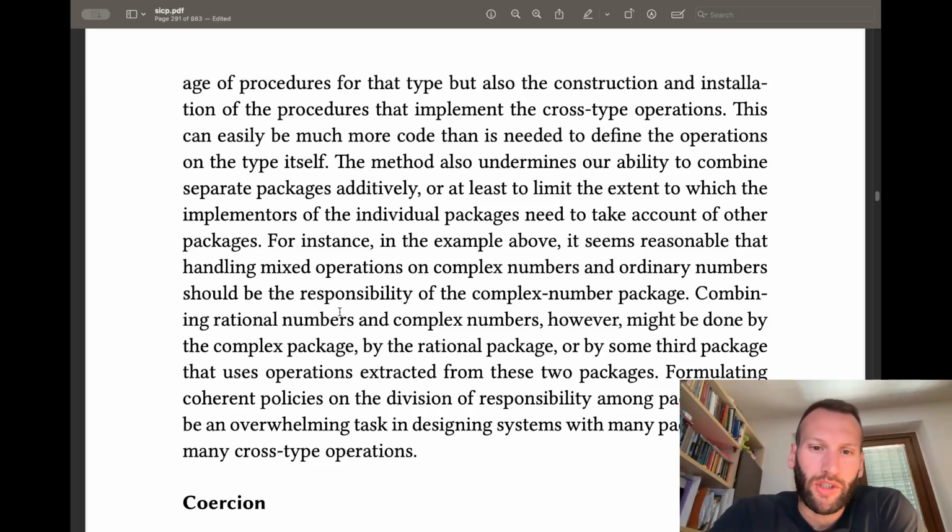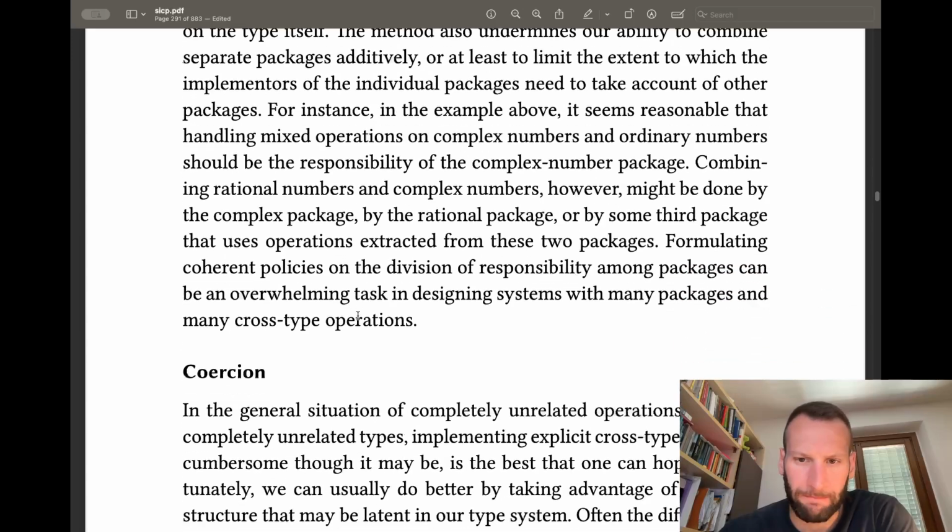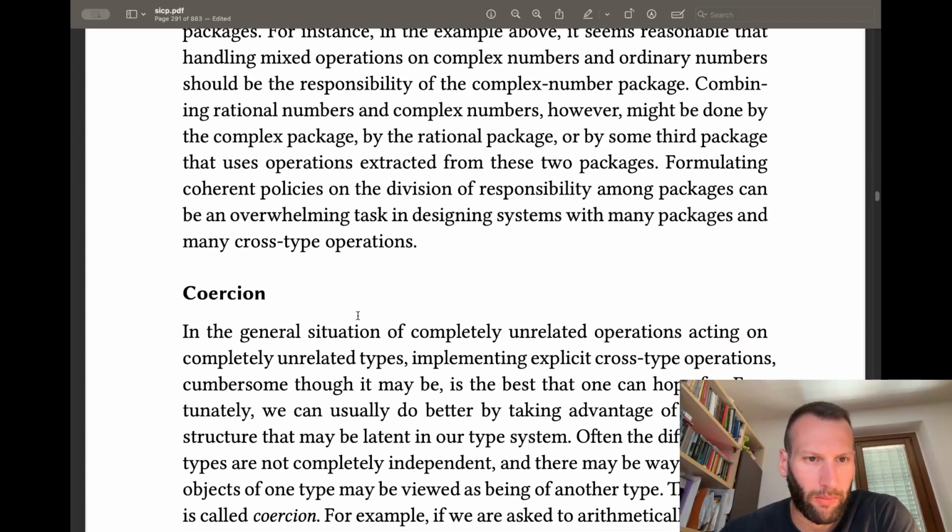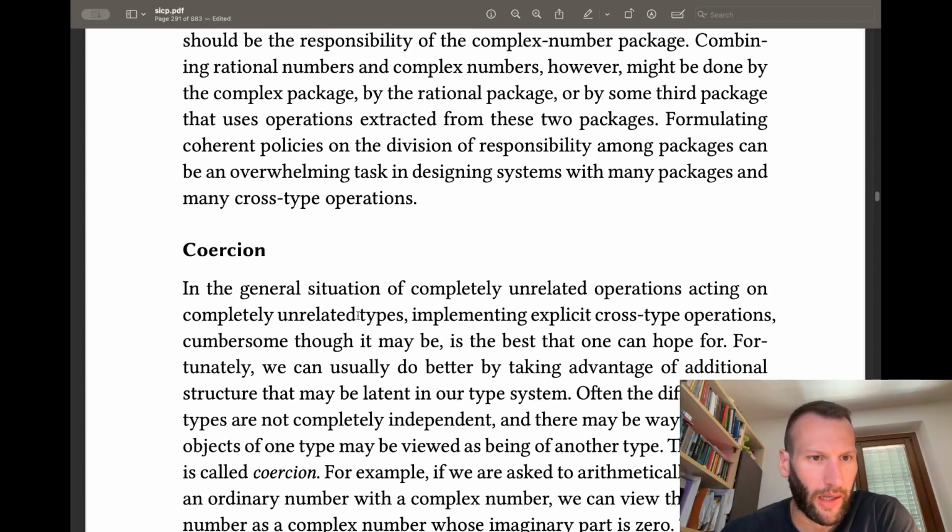Combining rational numbers and complex numbers, however, might be done by the complex package, by the rational package, or by some third package that uses operations extracted from these two packages. Formulating coherent policies on the division of responsibility among packages can be an overwhelming task in designing systems with many packages and many cross-type operations. Okay, seems clear.